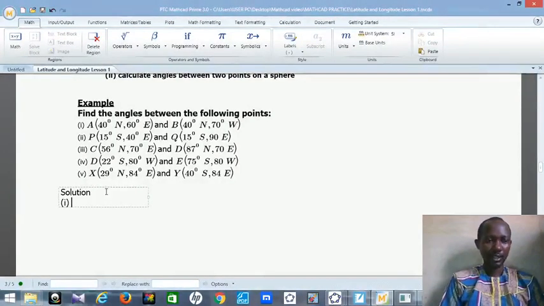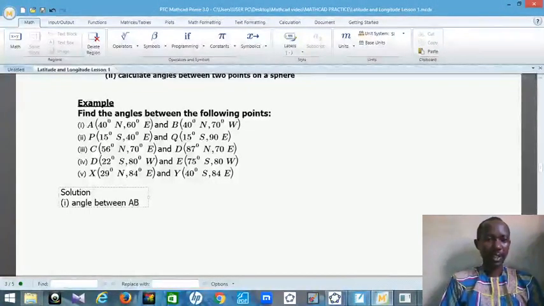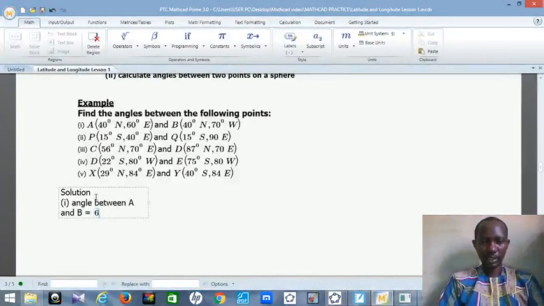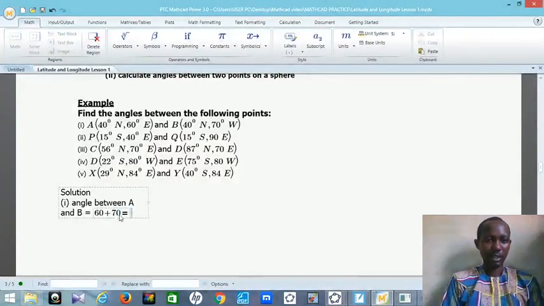Put it in a statement: angle between A and B is equal to 60 plus 70. And what is 60 plus 70? It will give us 130. So your angle is 130 degrees.